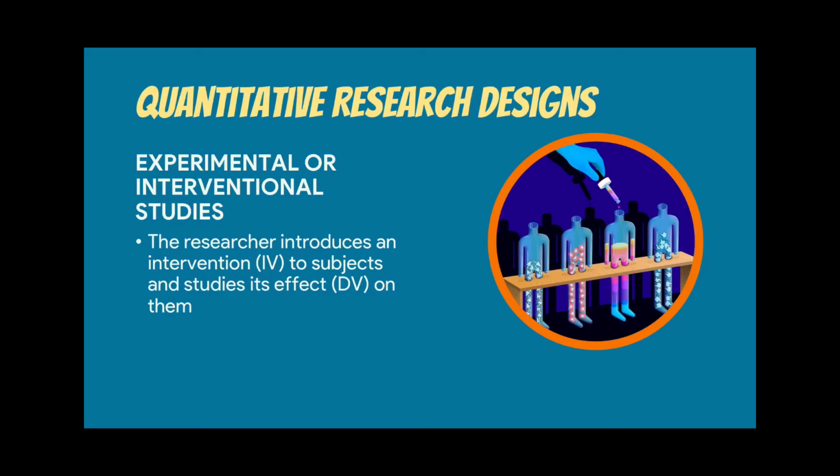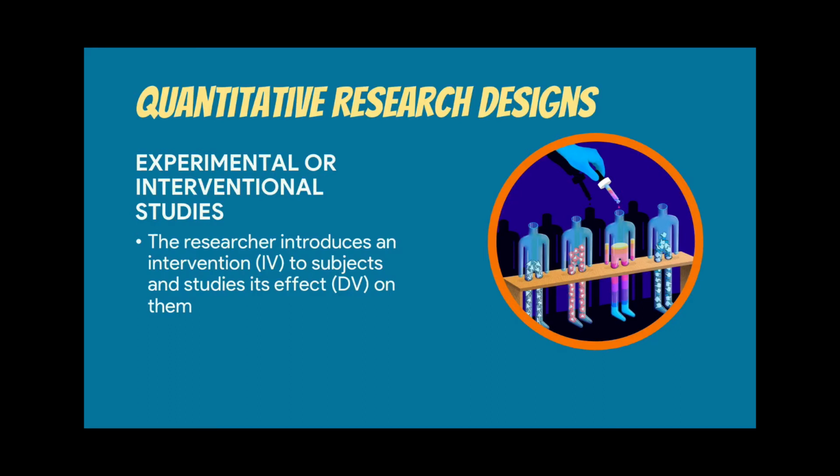So we will be discussing this in more detail when we go to the methodology part of our course, but for the meantime, I would like to give you a brief overview about the two major research designs in the quantitative methods. So the first general design is called an experimental or an interventional study.